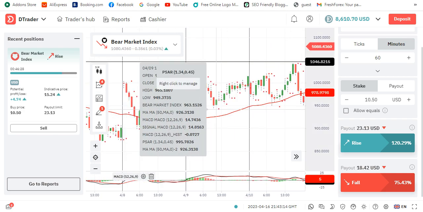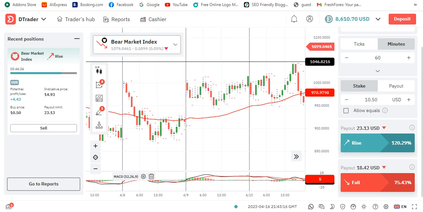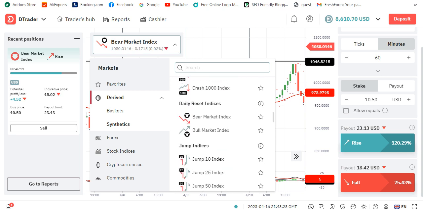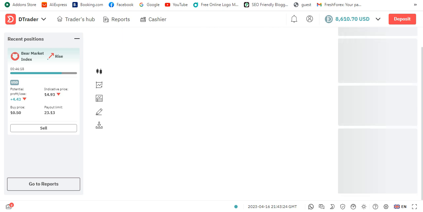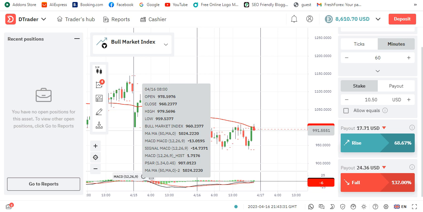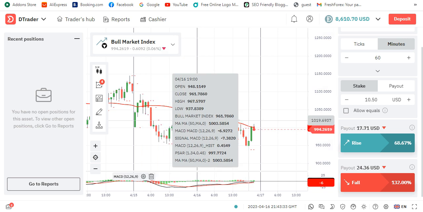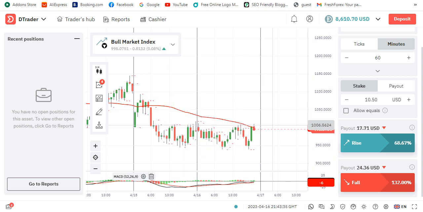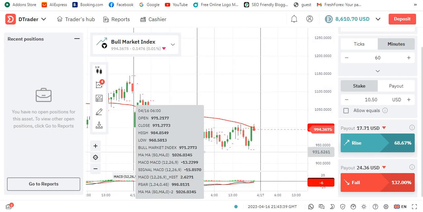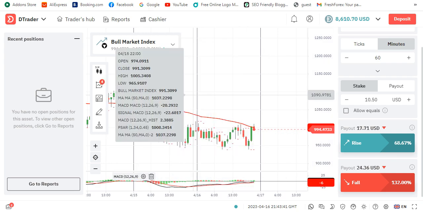So guys, that is how it works, okay. The same thing applies to the bull market. Bull market means the market will keep going up.